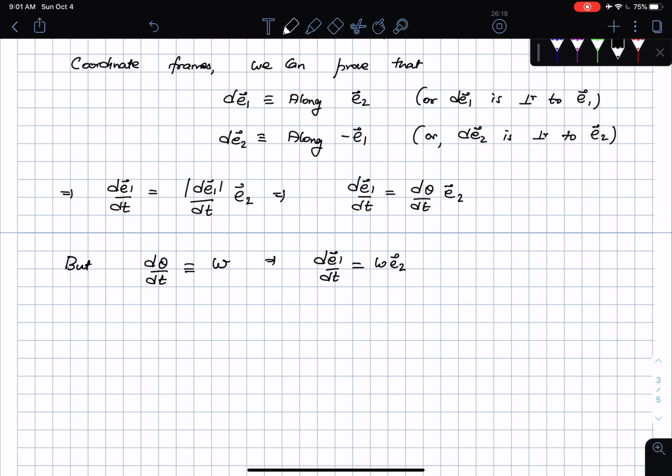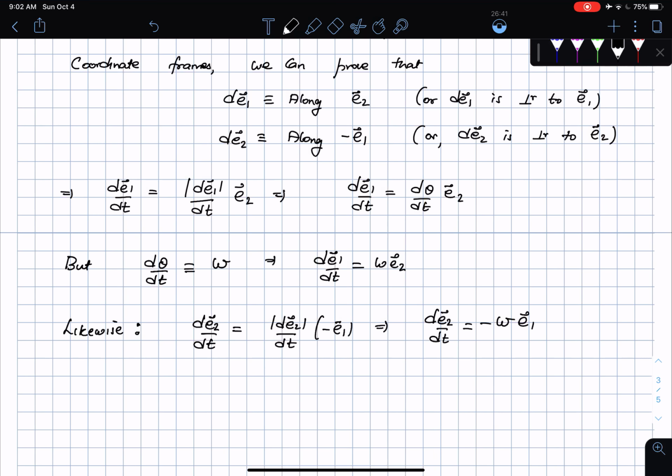Likewise, dE2 by dt, which is the magnitude of dE2 by dt times minus E1, will also give me dE2 by dt equal to minus omega E1.